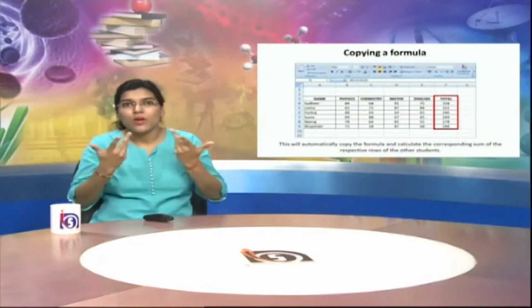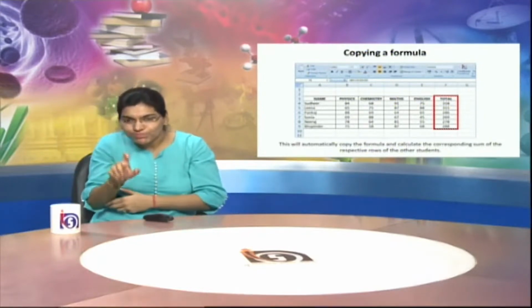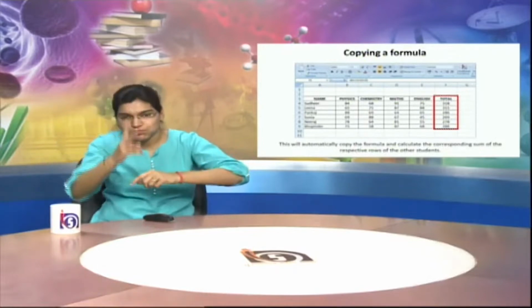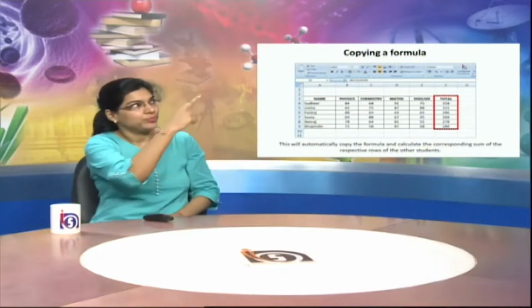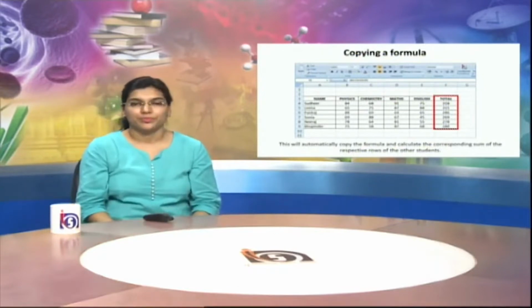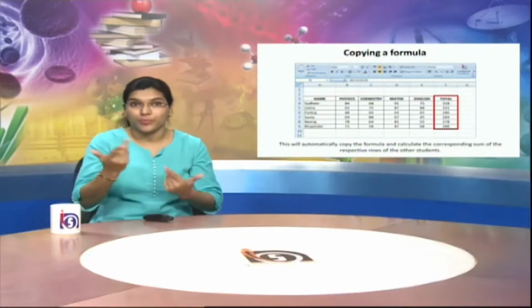If you want to do some more calculation, you can just do similar addition. You will just drag the mouse and select the cells. You will automatically get the total, like you can see under the red marking.